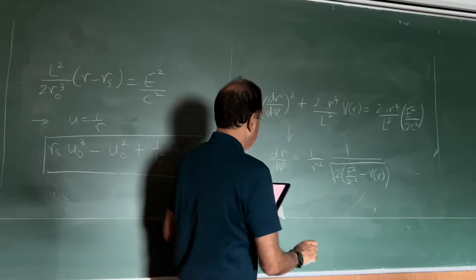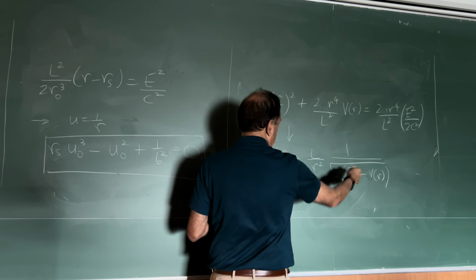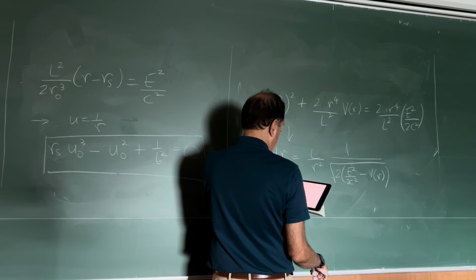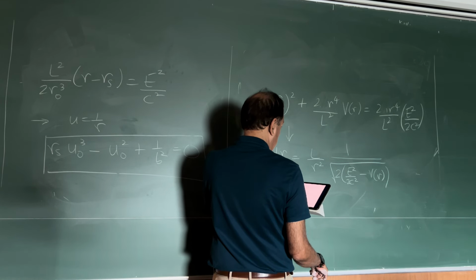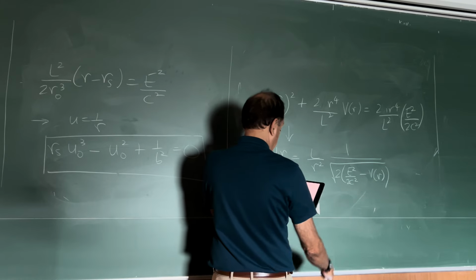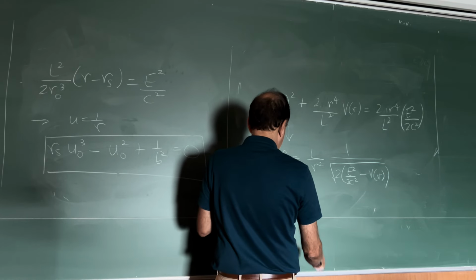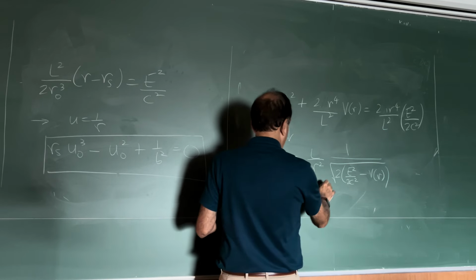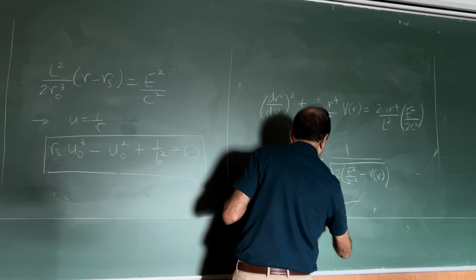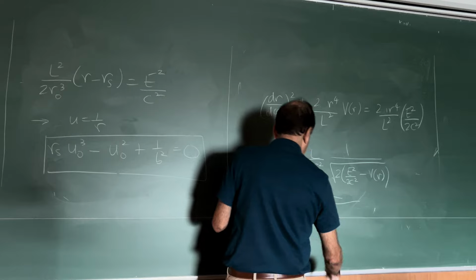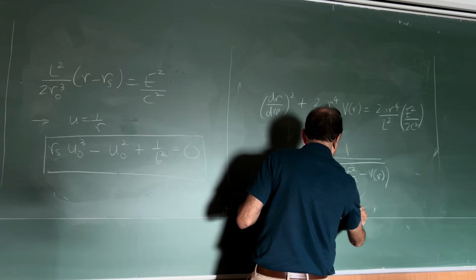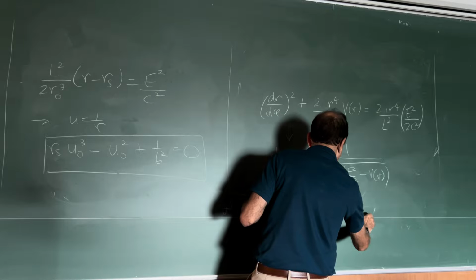Now we can easily simplify this by inserting explicit expressions for V of R, cancelling some 2's. This 2 will cancel with that 2, and finally we'll get 1 by R squared, 1 over square root of 1 by B squared minus 1 by R squared plus RS over R cubed.